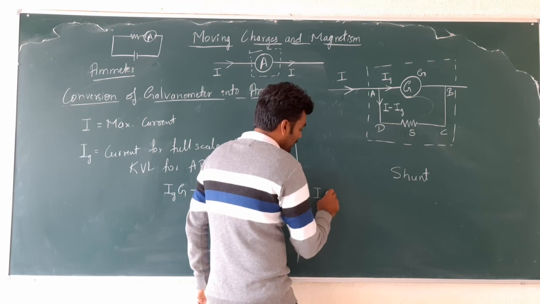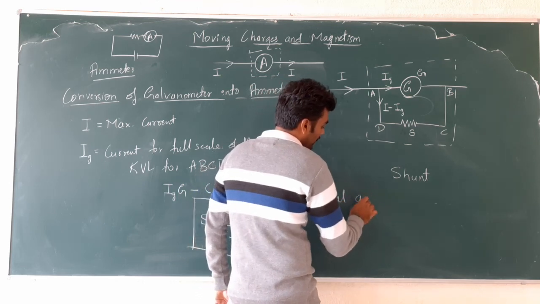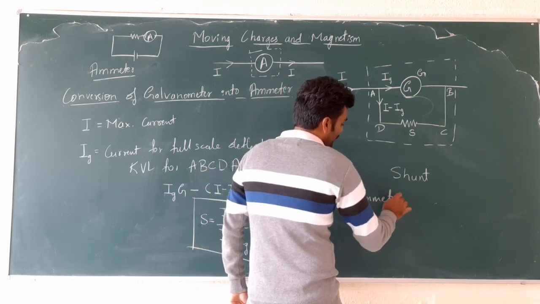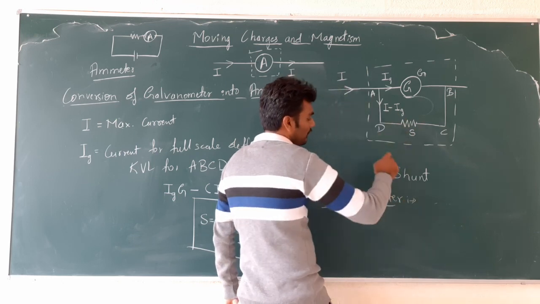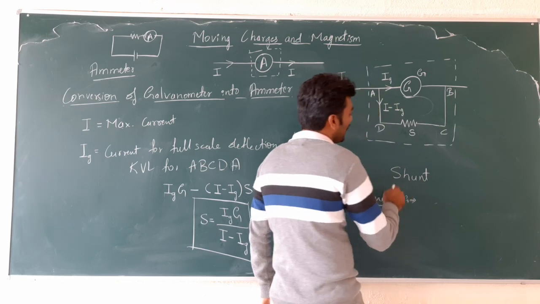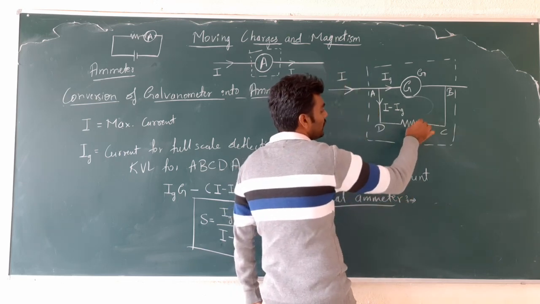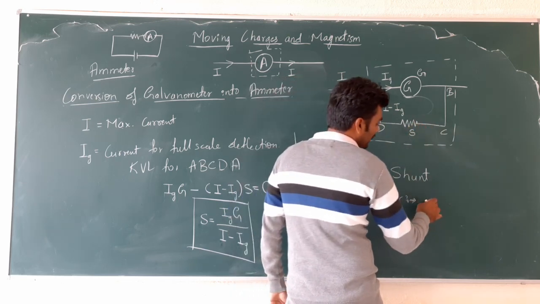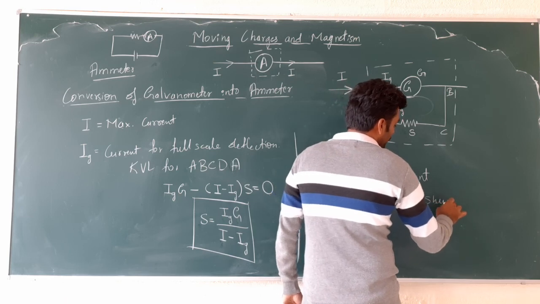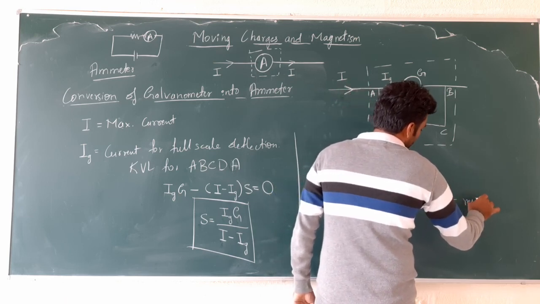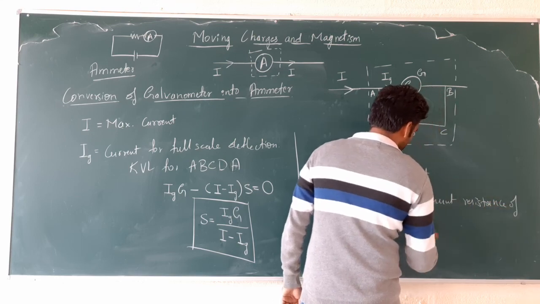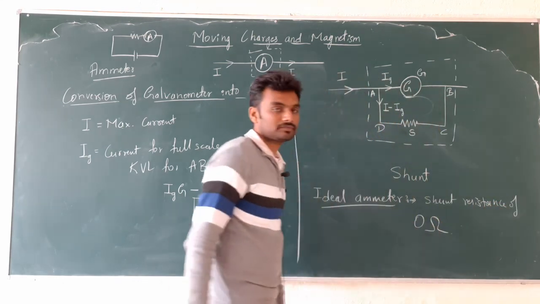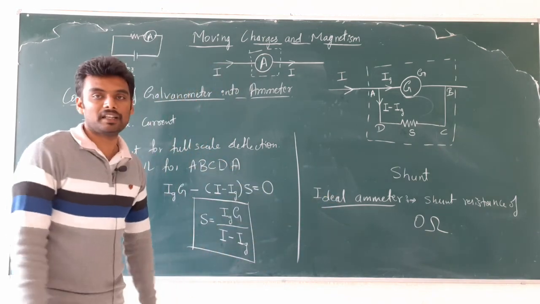For an ideal ammeter, how do we design ideal ammeter? There should be as less power loss as possible. So what I need to do is I should connect a shunt resistance of 0 ohm. That is the condition of ideal ammeter.